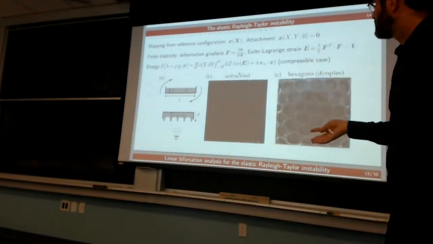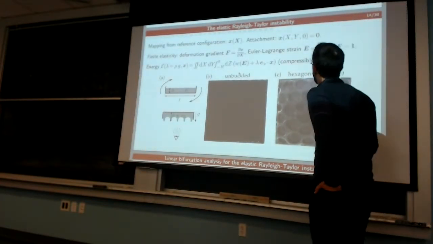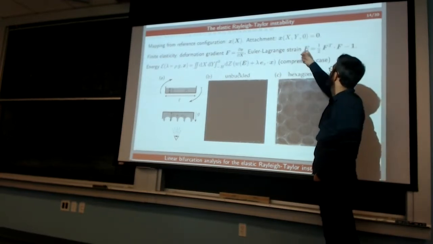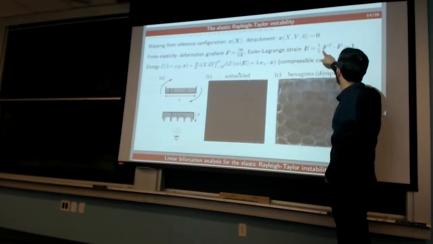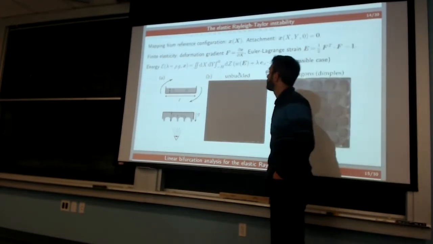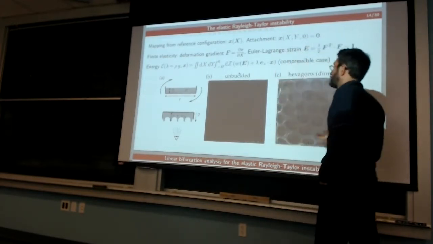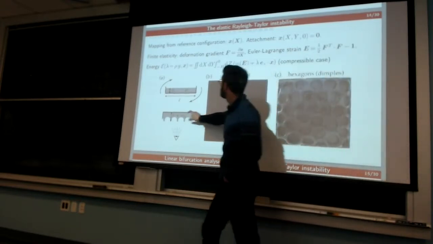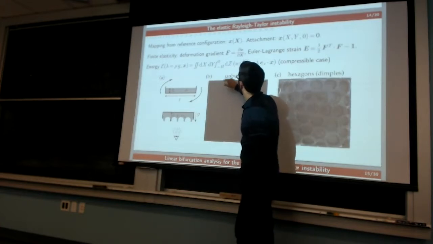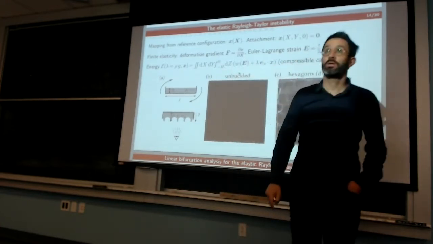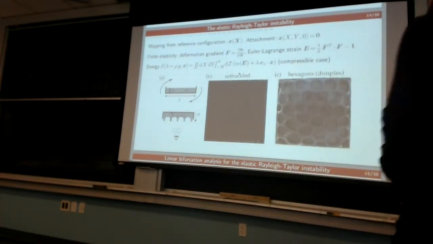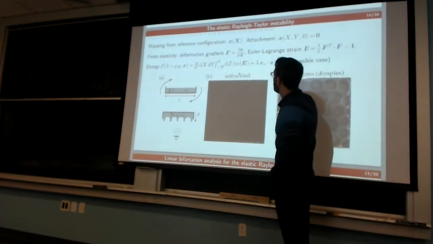Now we do finite elasticity. The measure of strain will be our Green-Lagrange strain, right? So that's this quantity in terms of the deformation gradient. And then we just do finite elasticity. So we assume that the energy of the system is going to be the integral in the slice of this W of E, which is whatever constitutive law I want to use, plus the effect of gravity.